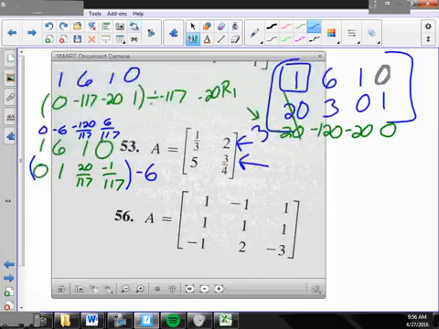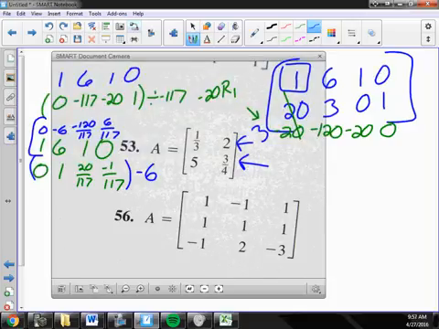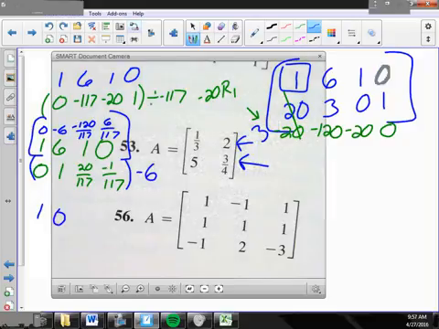Aubrey, where'd you get confused? So if I add these two together, I get 1, 0. What is negative 120 over 117 plus 1?